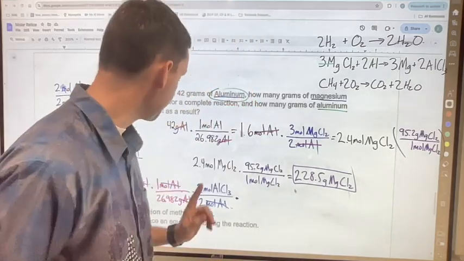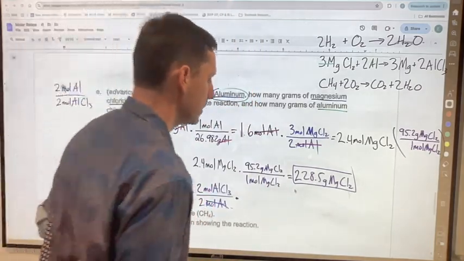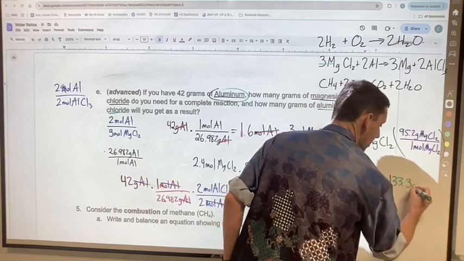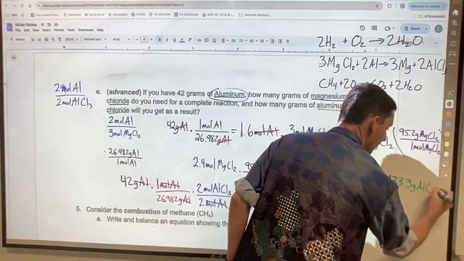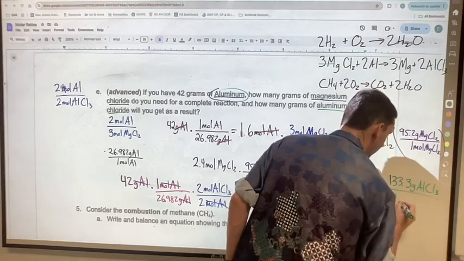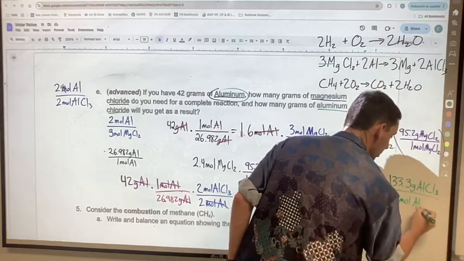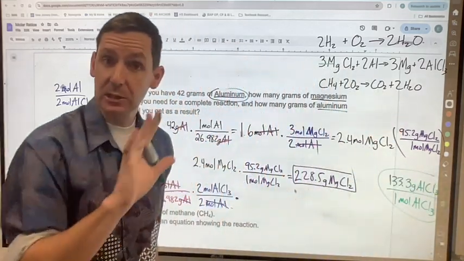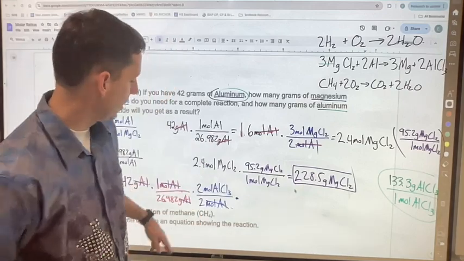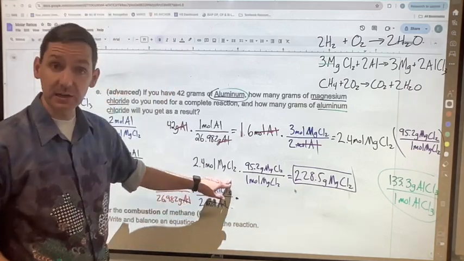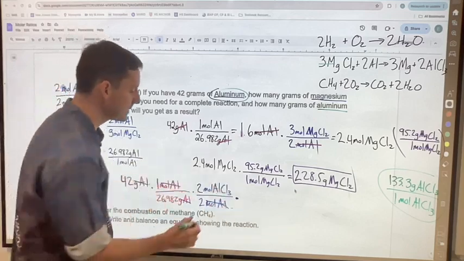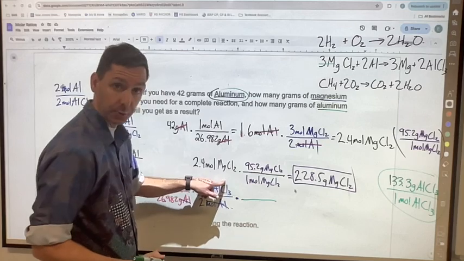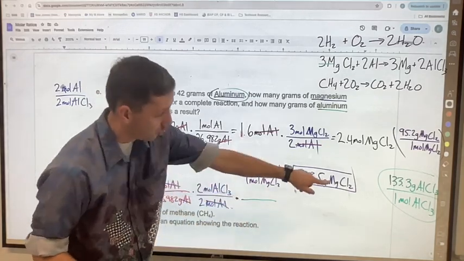All right? So what that means is that I'm going to write this over here. I got 133.3 grams of aluminum chloride is 1 mole of aluminum chloride. Okay, so that is the fraction. That's the same thing you were using last night and the previous night. So I'm going to go ahead and use that here. I've got moles of AlCl3 on the top, which means when I write my last conversion factor here, I want AlCl3 on the bottom, which it is.